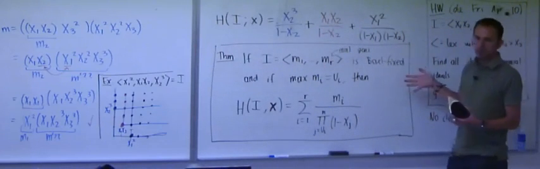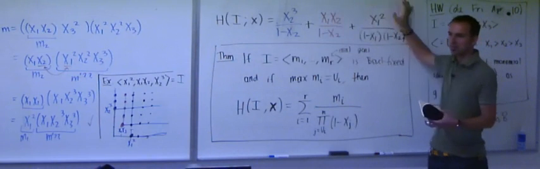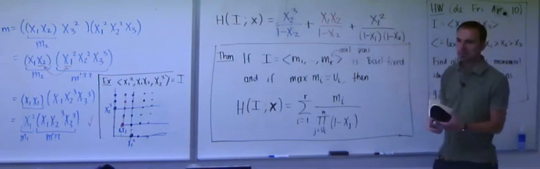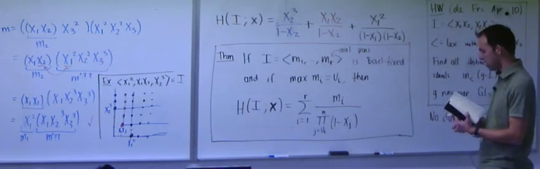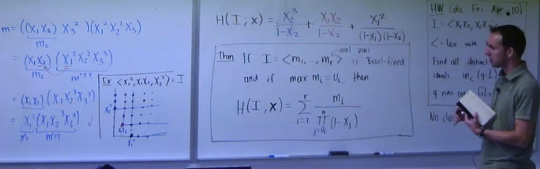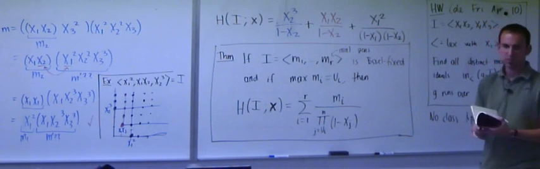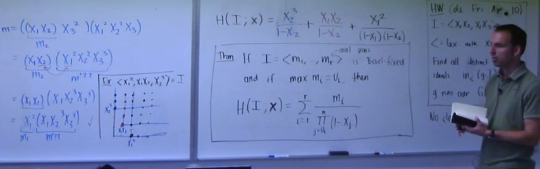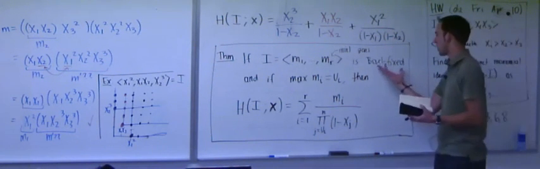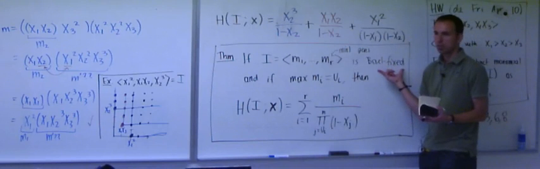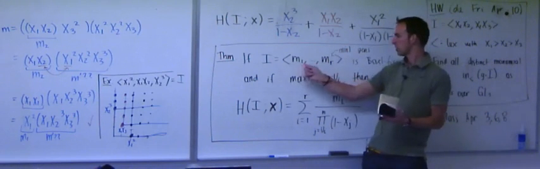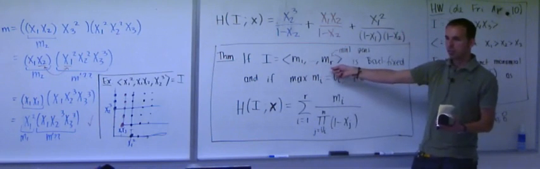So the way you prove this is you kind of carefully do the same color argument that I did. But you see that what this means is that computing this Hilbert series is very, very easy. If you have a Borel-fixed ideal, then all you have to do is figure out what the minimal generators are.